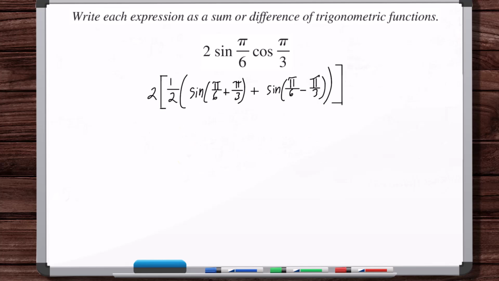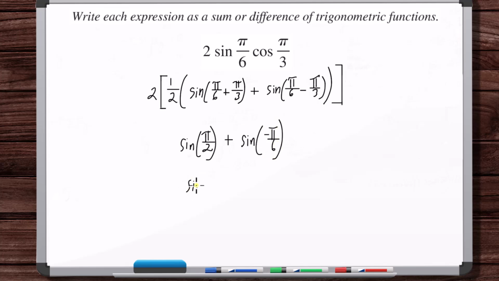All right, bring that 2 in, and those cancel. So it's sine of pi over 2 plus, now what is pi over 6 minus pi over 3? That's minus pi over 6. So sine of minus pi over 6.